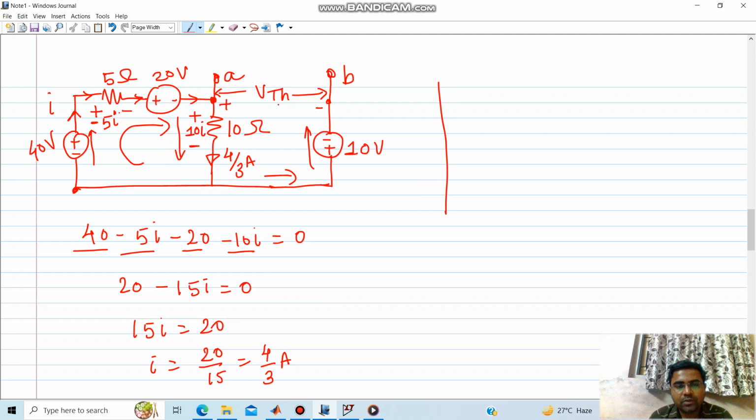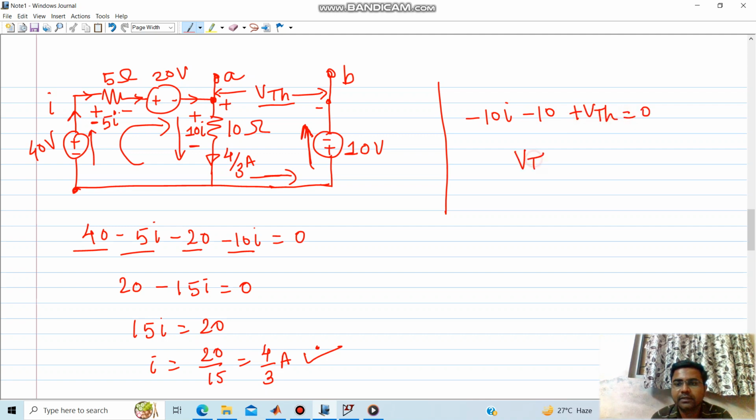Now in order to find this V Thevenin, we have to go through this loop. If I start from this point, plus to minus means minus 10I, and this current is 4 over 3 that we have figured out, right? Then if I move in this direction, plus to minus, so again minus 10, then minus to plus, so V Thevenin is equal to 0.